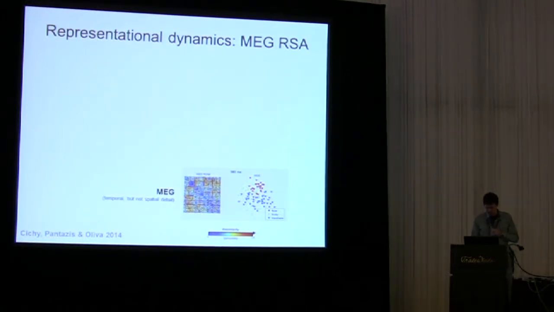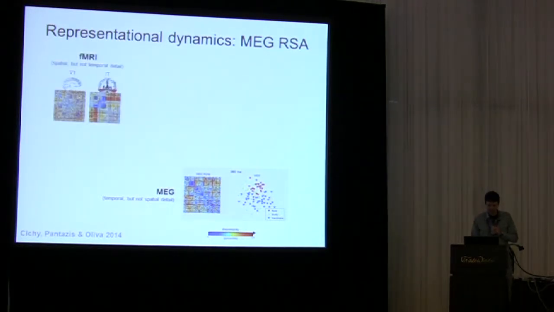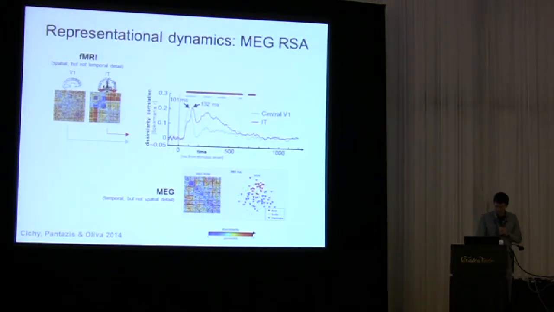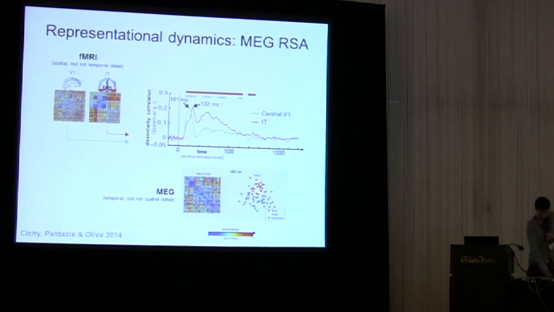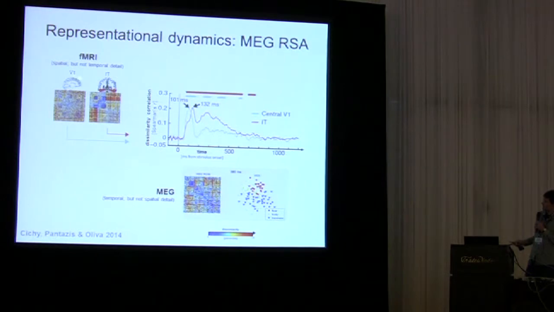MEG gives us temporal but not spatial detail, and fMRI gives us spatial but not temporal detail. What Radek has done in this study is combine the two by simply correlating these fMRI representational distance matrices for V1 and IT with the MEG RDM movie across time.